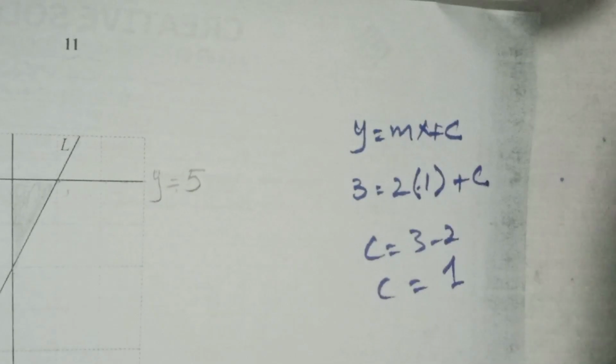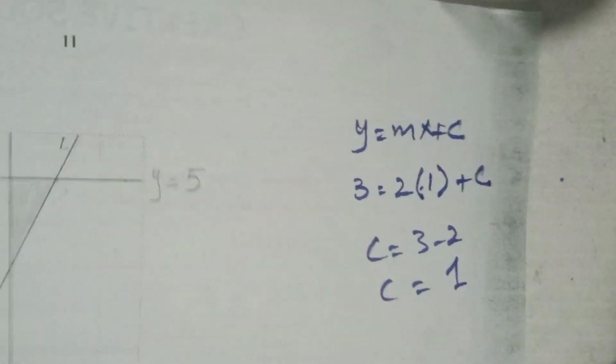We know the value of m is 2, and I take the point 1 and 3, so y is 3, m is 2, and x is 1. We get 3 minus 2, and c is equal to 1.